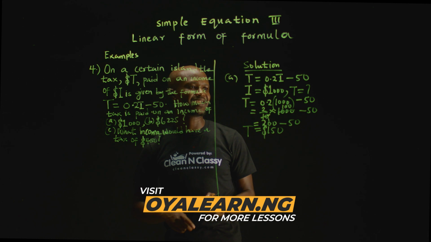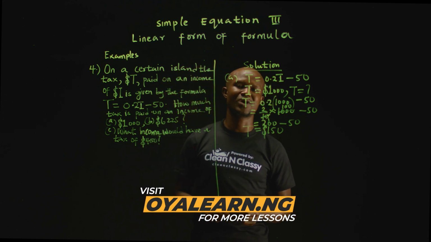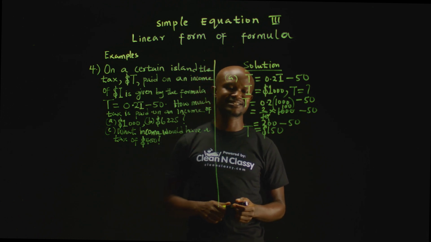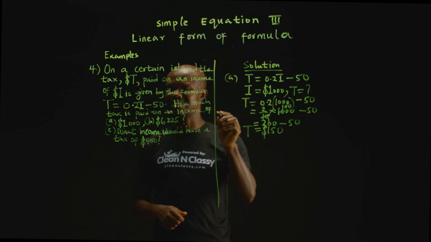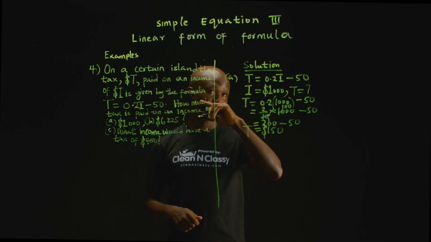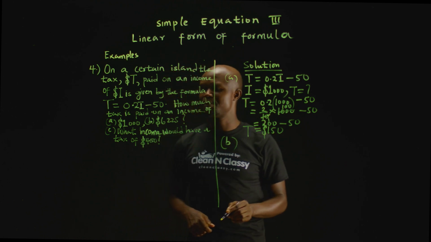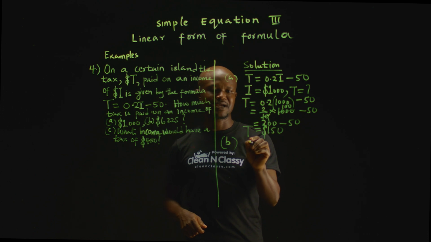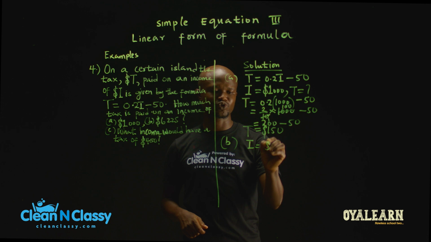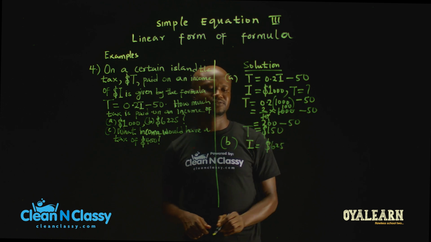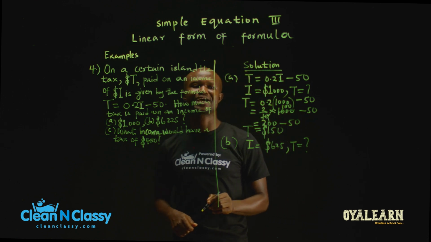So now we can say that when the income is $1,000, then the tax is $150. For the B part of the problem, we have I equals $625, and we are asked to find the value of T. How do we get the value of T?